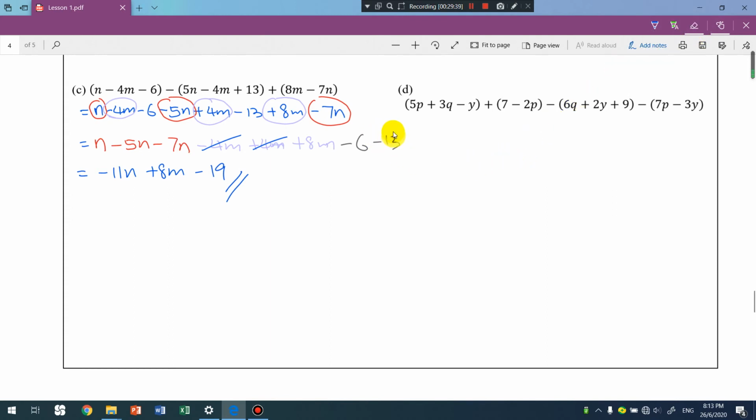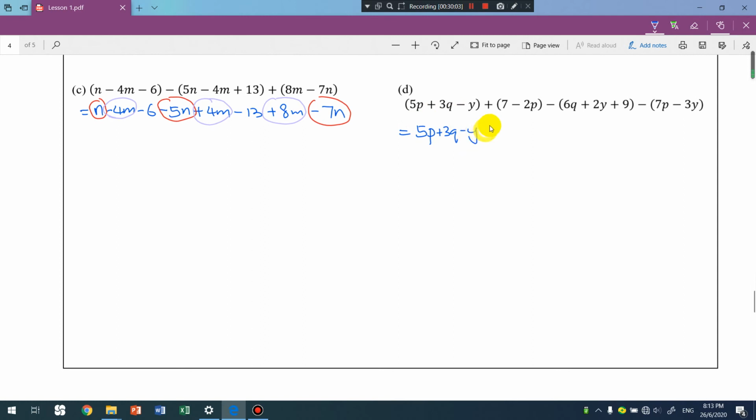Okay, let me erase this part first. So the same thing, first step, open up all the parentheses. 5p plus 3q minus y plus 7, positive, negative, negative, 2p, negative, extra careful, negative, positive, negative.